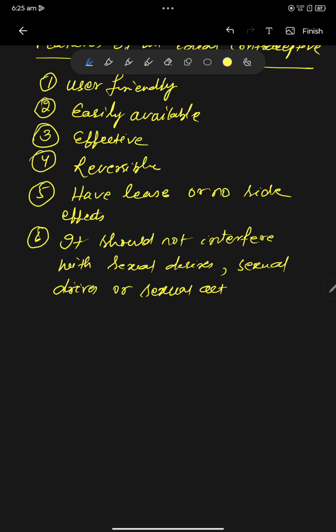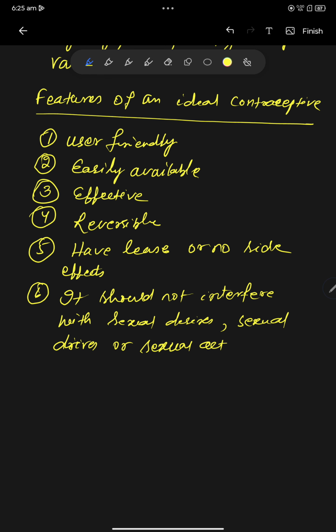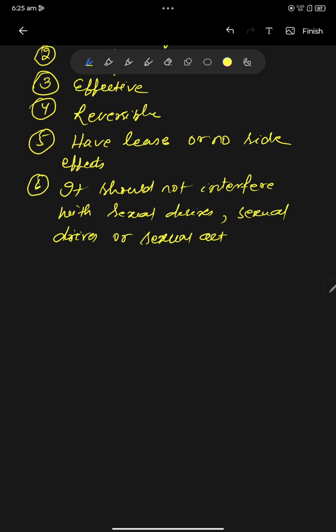So these are the features of an ideal contraceptive. Now let us discuss the types of contraceptive methods.